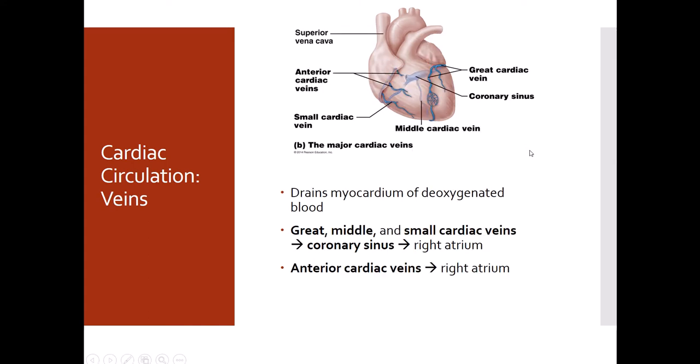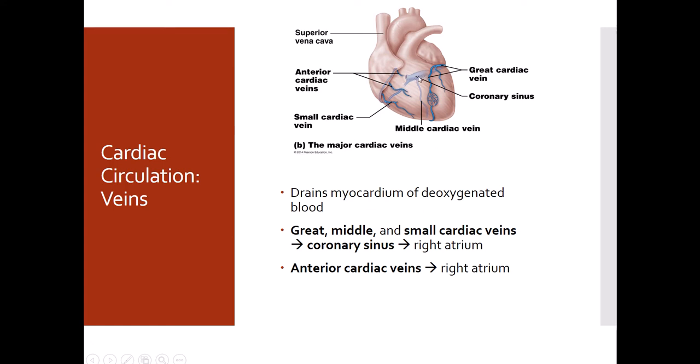Draining the now used deoxygenated, oxygen poor blood from the heart are several cardiac veins. On the front of the heart, we've got the great cardiac vein and small cardiac vein, and on the back of the heart, we have the middle cardiac vein, the great cardiac vein, and the small cardiac vein. The middle cardiac vein drains into this big flat blood vessel called the coronary sinus.